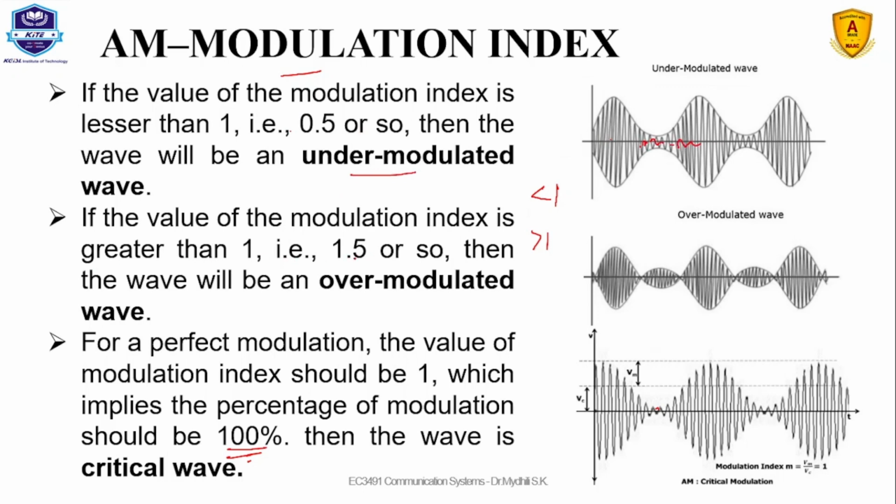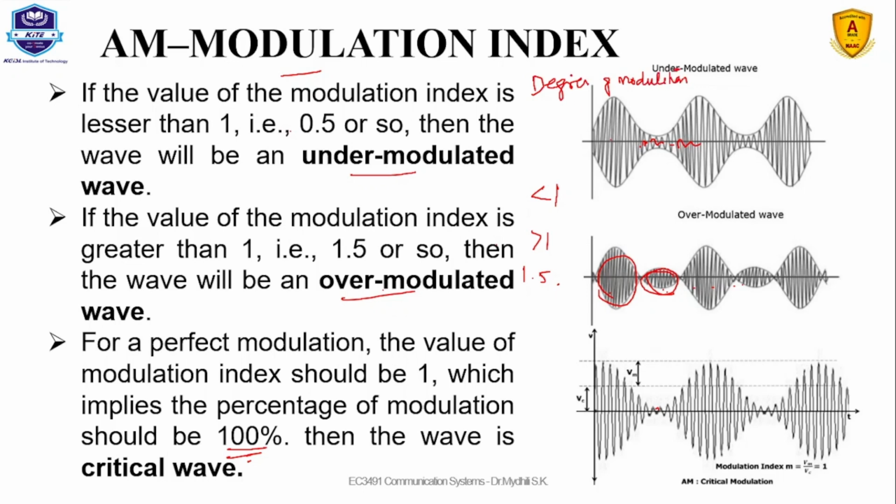When it is greater than 1, say 1.5 or some other value greater than 1, it is called overmodulated, where a small distortion of the amplitude modulated signal also occurs. So this is what is called the degrees of modulation.